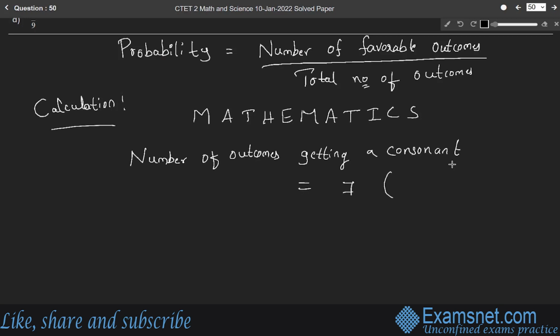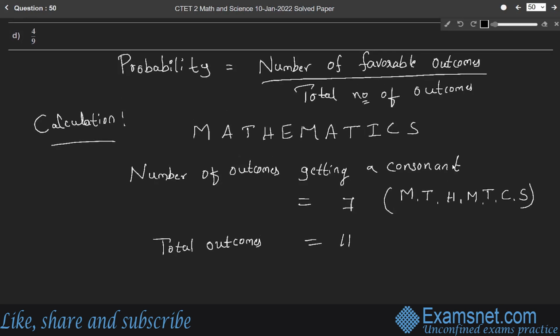So, consonants are M, T, H, then again M, T, C and S. So, total outcomes is equal to 11. So, the total number of outcomes.